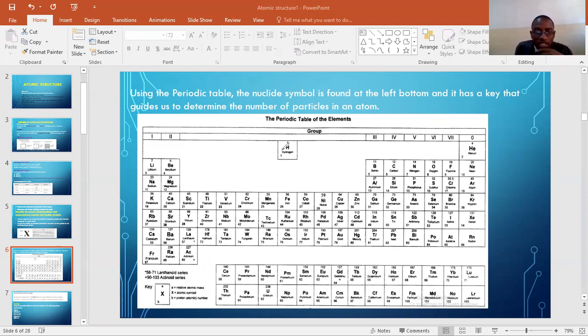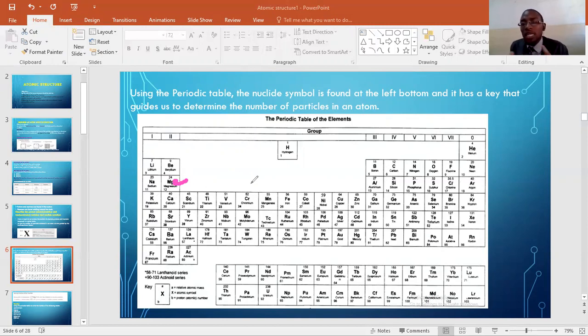We have hydrogen, helium, lithium, beryllium, boron, carbon, nitrogen, oxygen, fluorine, neon, sodium. In my example, I gave the nuclide notation of 24 on top and 12 down, that is magnesium. Then we have aluminium, silicon, phosphorus, sulfur, chlorine, argon, potassium, and calcium.